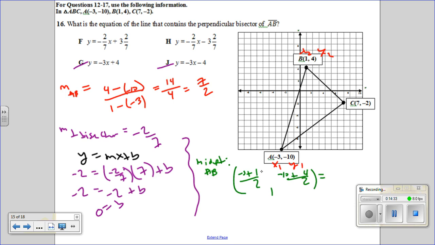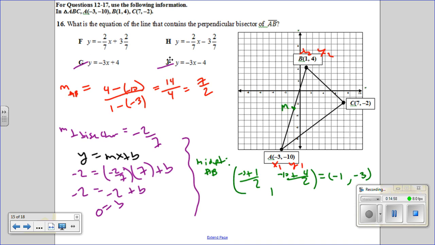So negative 3 plus 1 is negative 2, divided by 2 is negative 1. Negative 10 plus 4 is negative 6, divided by 2 is negative 3. So negative 1, negative 3 right here would be the midpoint.